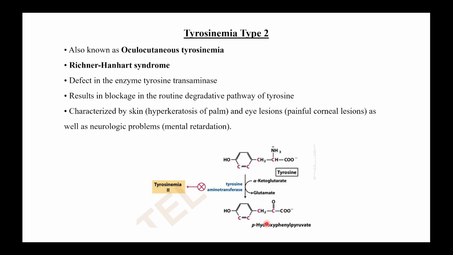So tyrosinemia type 2, the Rickner-Hanhart syndrome or oculocutaneous tyrosinemia, is characterized by skin hyperkeratosis of the palm and eye lesions. That's why it's called oculocutaneous. It affects the skin and eyes.